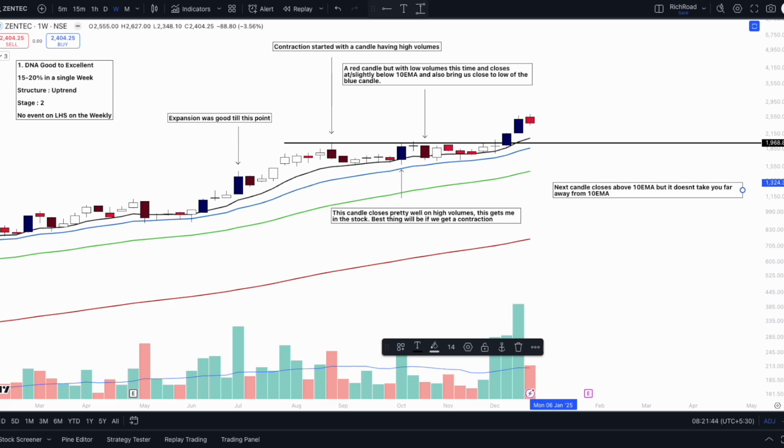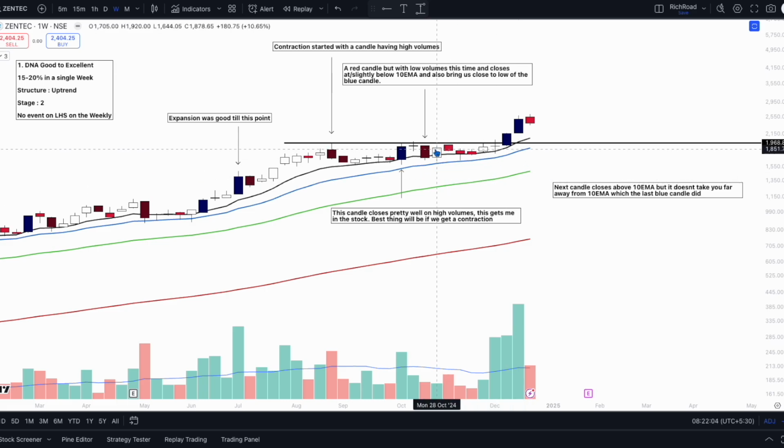You get my point? Which the previous candle did, which the last blue candle did. If you see, this is where the 10 is, and this is where you're closing. So you closed above the 10 EMA. The candle is good, and you're also near the 10 moving average.